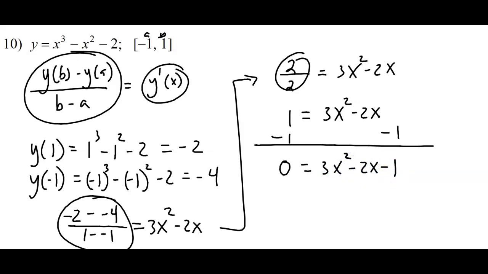Now there are two methods you could try to solve this. One is the box method for factoring. The other method is the quadratic formula. I'm going to go with the quadratic formula this time, just because you will see some problems where factoring doesn't work. The quadratic formula always works. I just don't typically like to use it because it's kind of a pain to me.